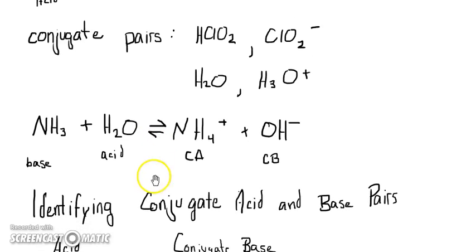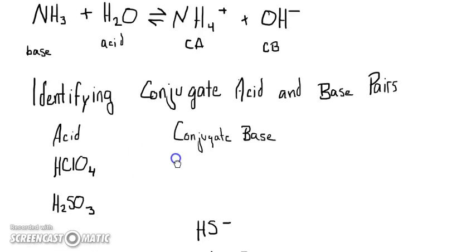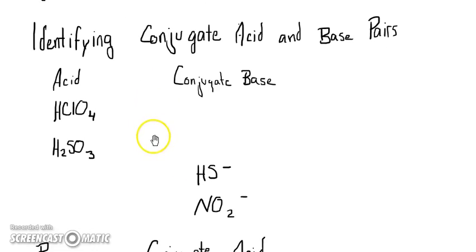Now let's look at identifying conjugate acid and base pairs by just looking at the acid or the base. Here we have HClO4, and we know that acids always give up the H+ in a reaction. So the conjugate base is always the acid without the H+.